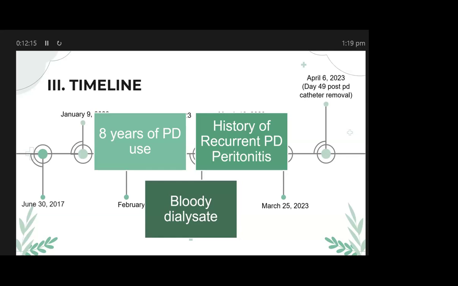Regarding all the differential diagnoses, I just want to say that in case of repeated peritonitis and hemoperitoneum, we should consider EPS also under the differential diagnosis, so we have to look for that.